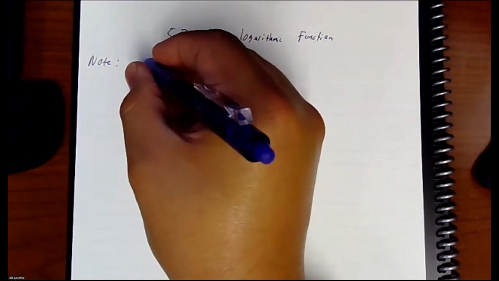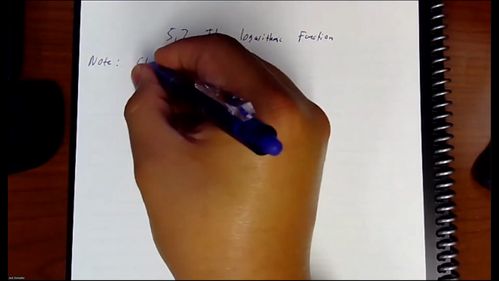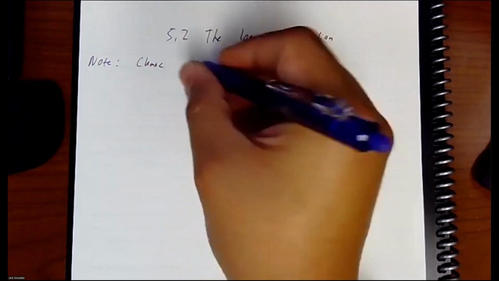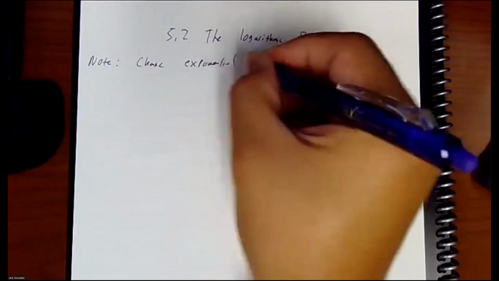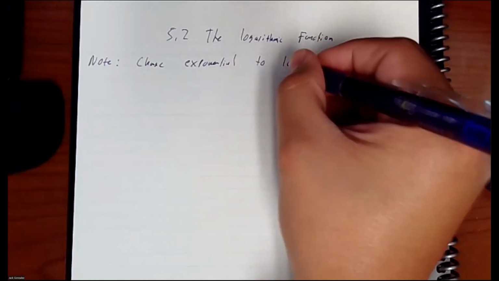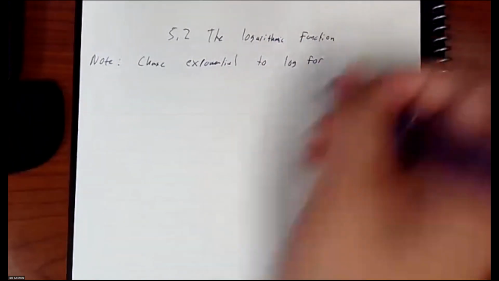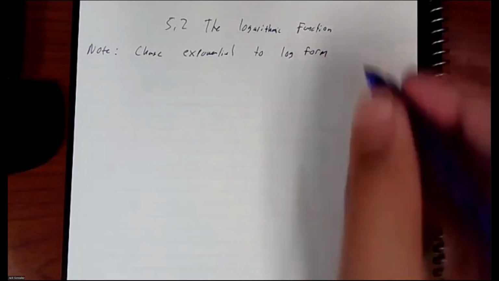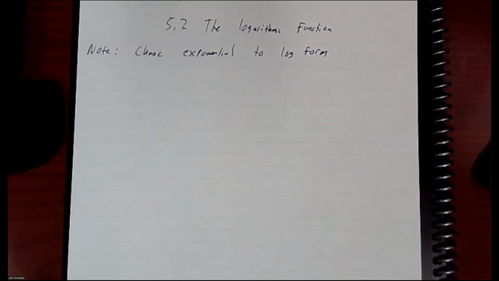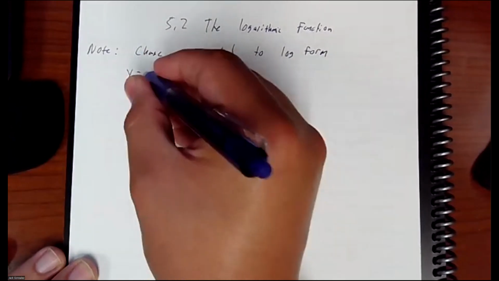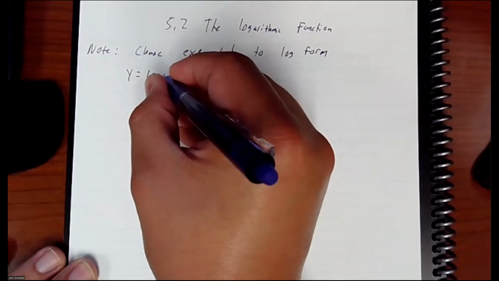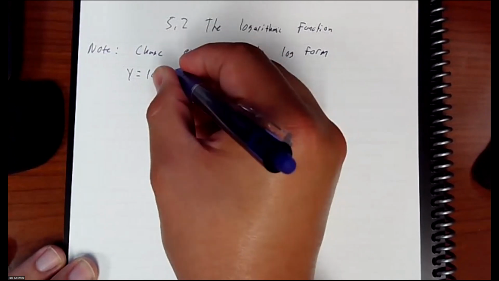So y equal to, this is changing exponential to logarithmic form. Okay. So y equal to log base b of x.